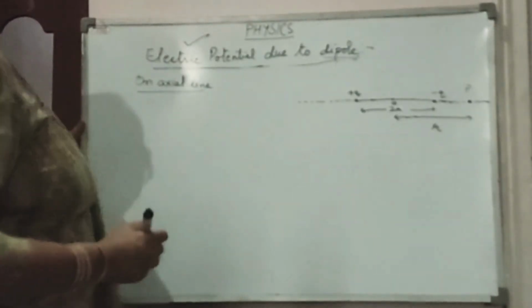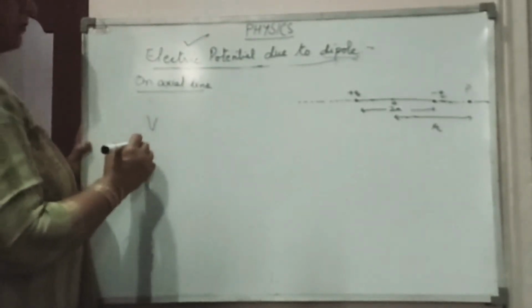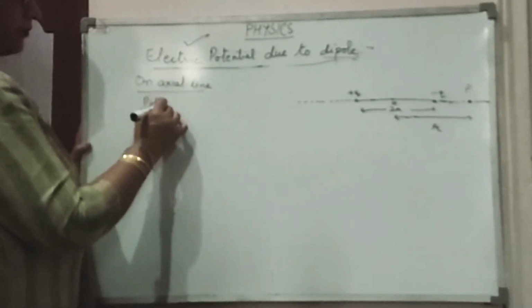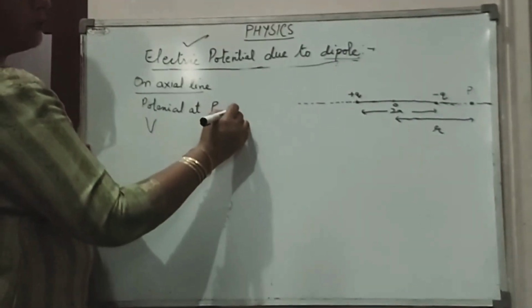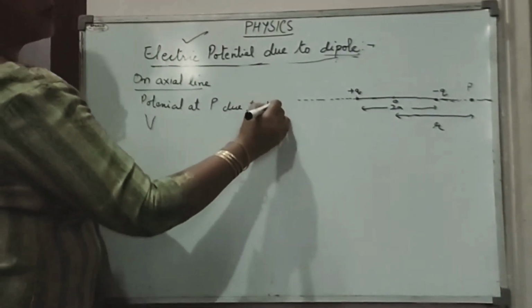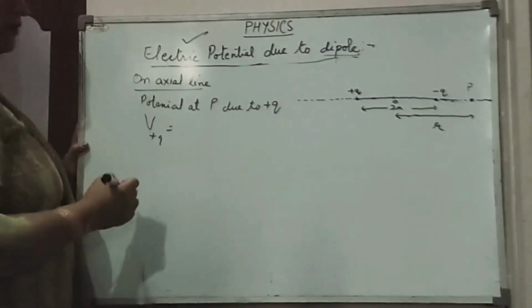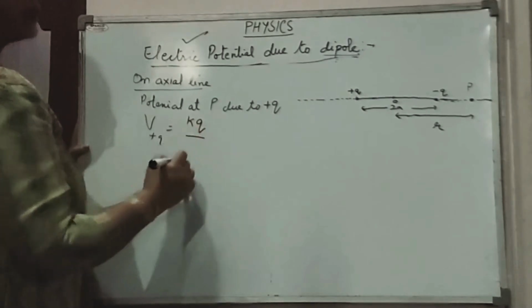Now first of all, we'll find out the electric potential at point P due to the plus Q charge. So we will use the formula KQ by R, so it is KQ by distance.